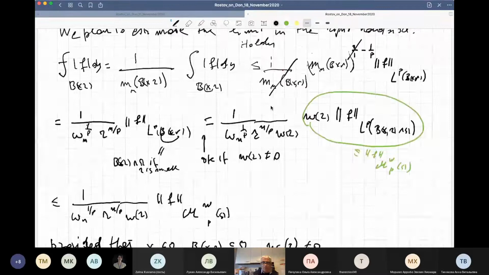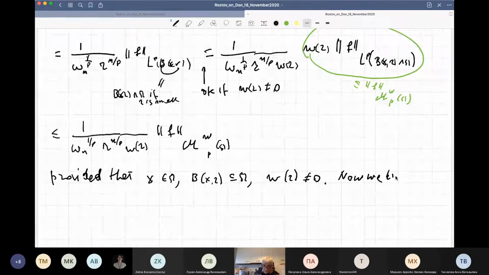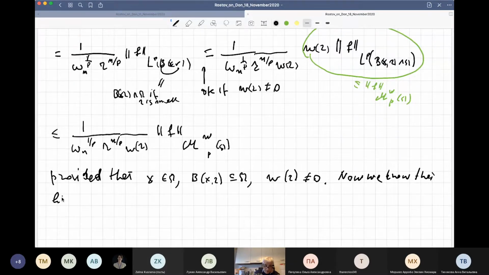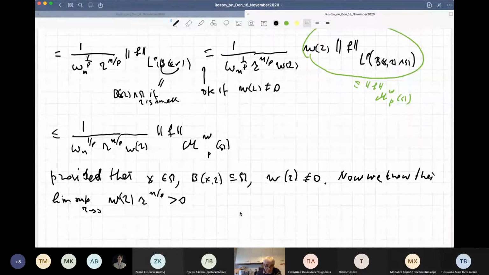So now we know that the lim sup as r tends to 0 of W(r) r to the n over p is greater than 0. Now we have to remember something of elementary calculus, first or second year calculus, about the superior limit.